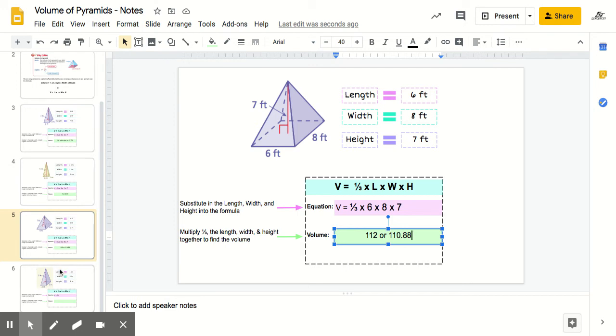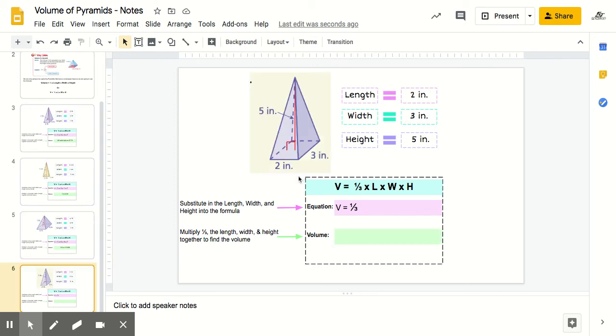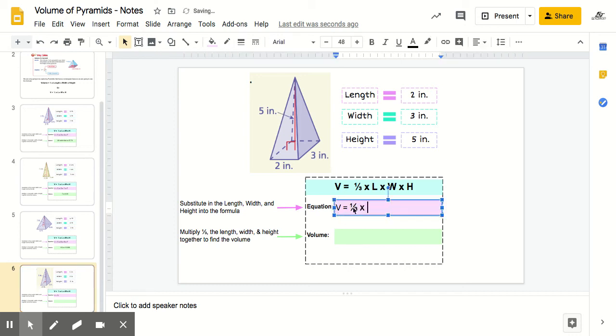Okay, one more. Here we have another pyramid. The length is equal to 2 inches, the width is equal to 3 inches, and the height is 5 inches. So again, we simply need to take these three numbers and plug them into our volume formula. My length is 2, my width is 3, and my height is 5.